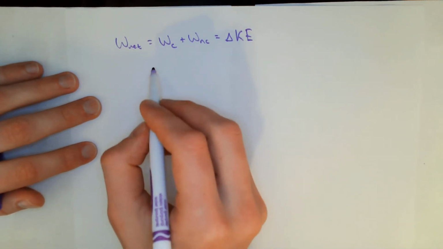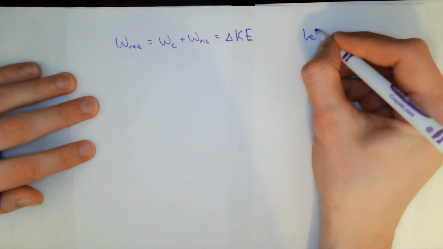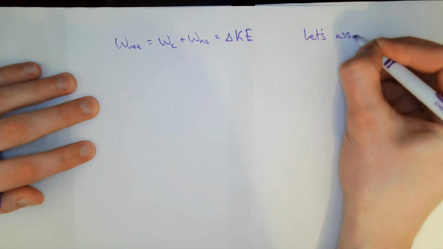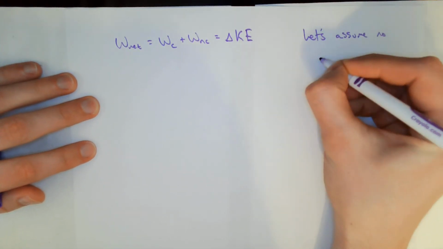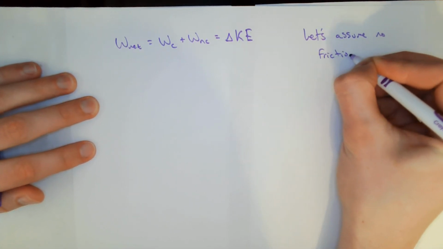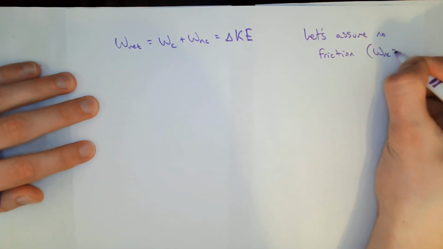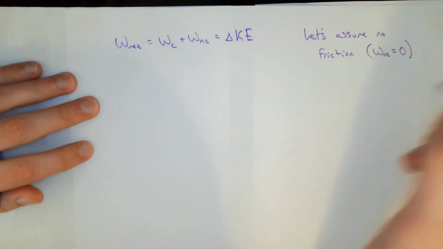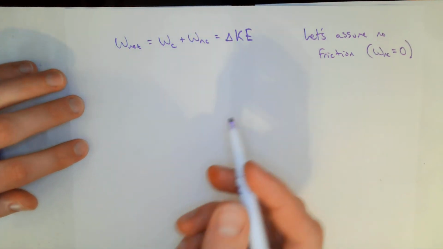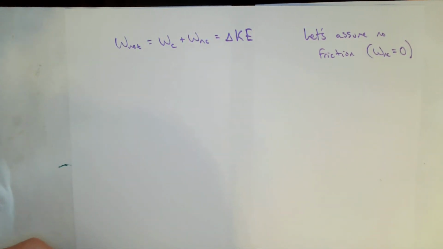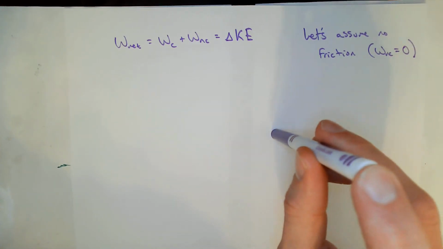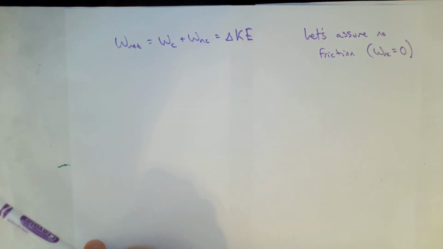So let's assume a situation with no friction, in other words, the work done by non-conservative forces is 0, but I will assume that there are springs and gravity involved, so maybe a spring that's being compressed, a spring that's standing up. Where's my little spring? I think it bounced away. Whatever, there it is.